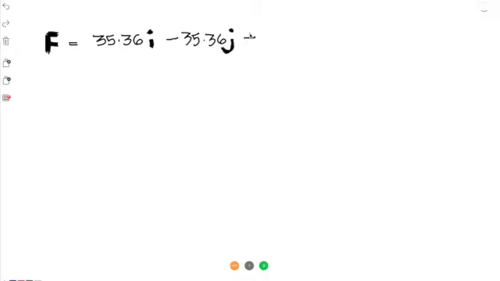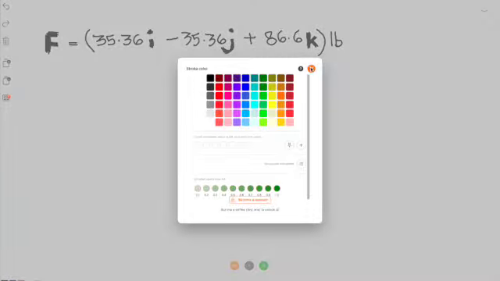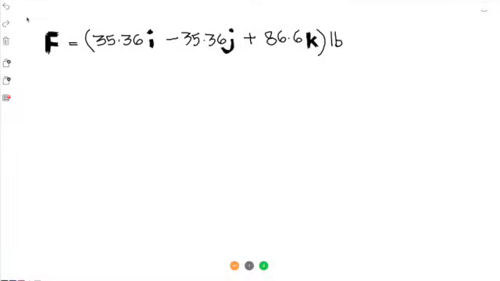And we add our z component, which is 86.6, and that's k. So since we have a unit, we enclose that in parentheses and we put our unit here. Okay, so this is the Cartesian vector form of our three-dimensional vector. But what remains, let me write that down and compile it as our answer.